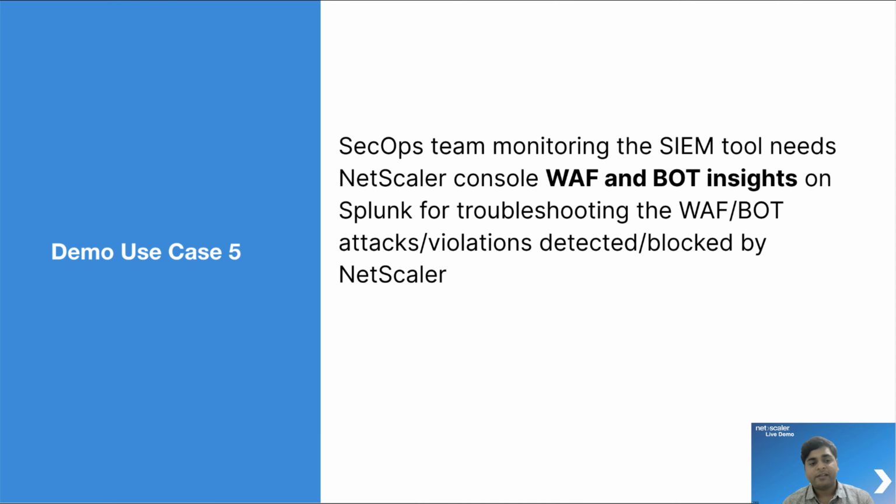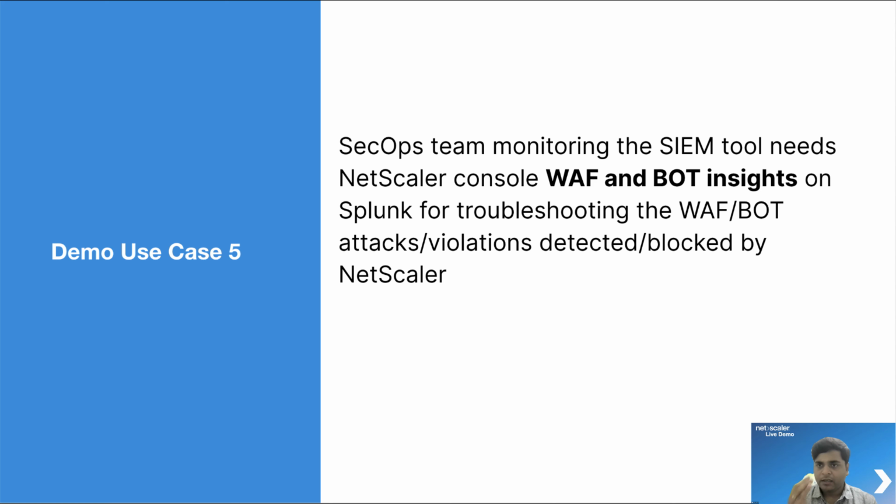Another use case is about the WAF and bot insights. Again, these insights we are actually providing on the ADM console, and there was a need to show them on Splunk. As I mentioned, one of the important reasons is to serve different personas.